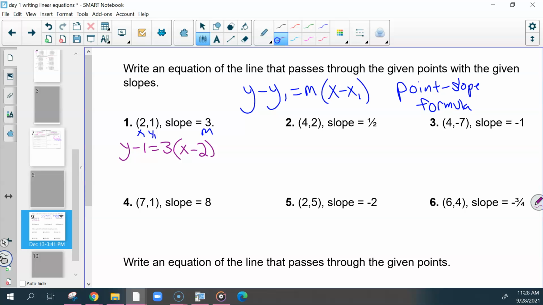And then our goal is to get this back to slope-intercept form. So we're going to simplify this by distributing. We have 3x minus 6. And then get y by itself by adding 1 to the other side. So we have y equals 3x minus 5.